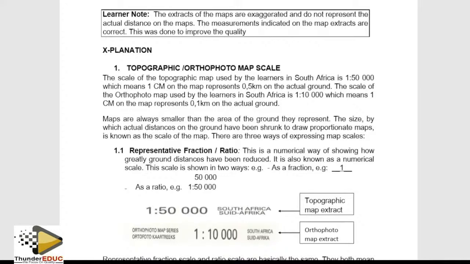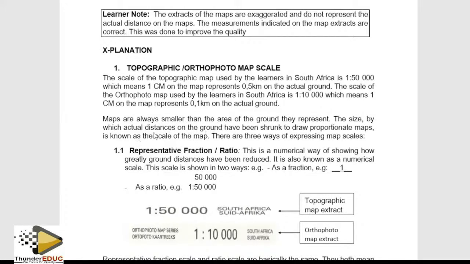So it is very important to understand that a scale is used to ensure that the maps can fit on the paper. If we did not have scales, it would be very difficult for us to represent the distance on the ground and to show the relationship with it on the paper.